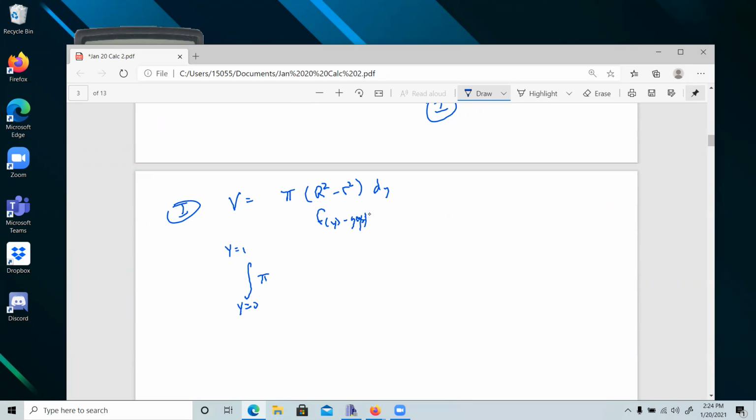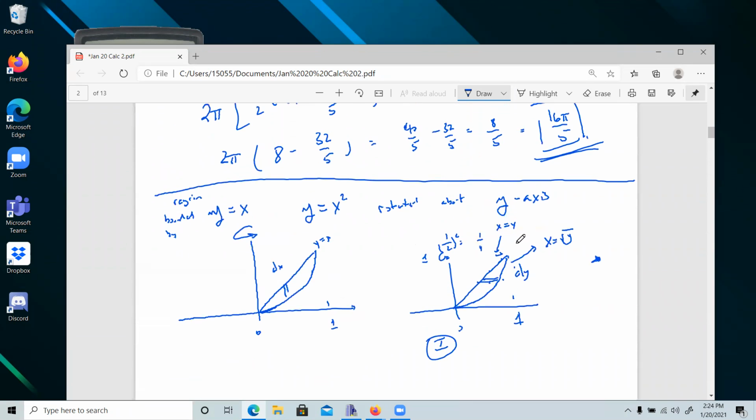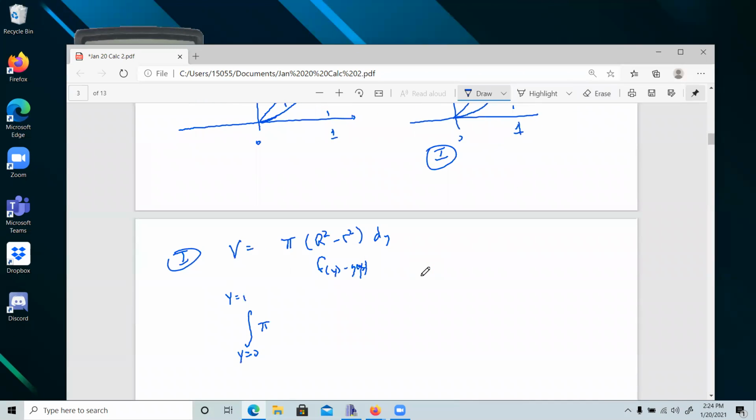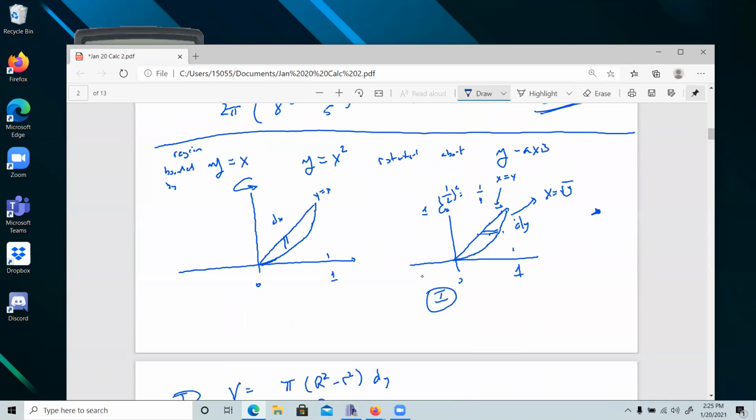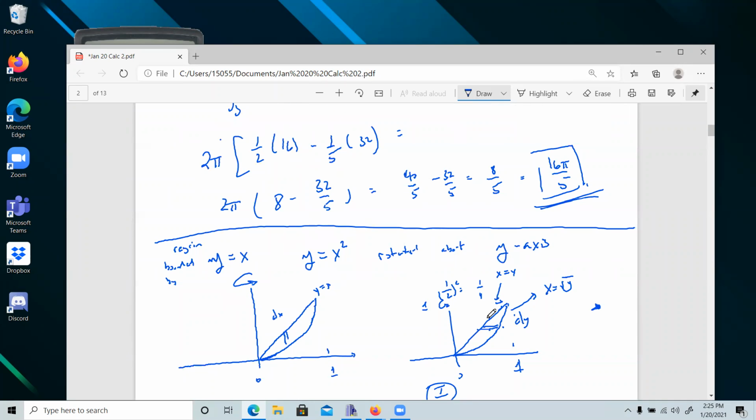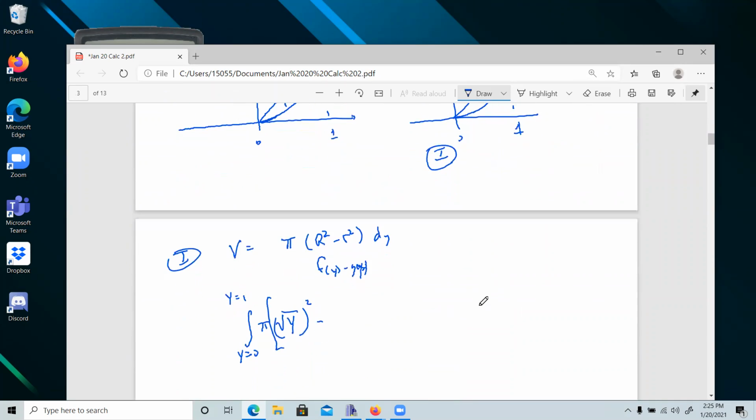We have pi. What's my outer function here? Well, in this case, this is x is equal to the square root of y. So this is the square root of y squared minus, what's the inner function? The inner function is just x equals y. So minus y squared. And then we have our dy.